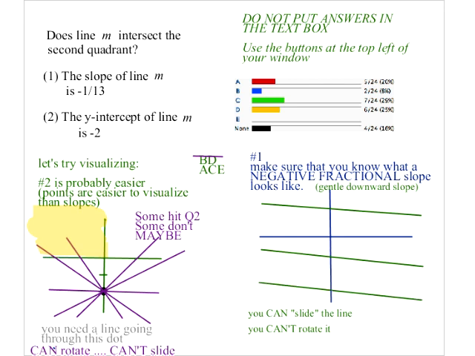But remember what it does. For every one that it goes down, it's going to go over 13. So that's what that slope means. So this is 13 if this is 1.